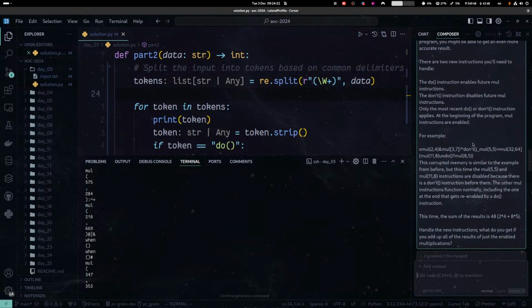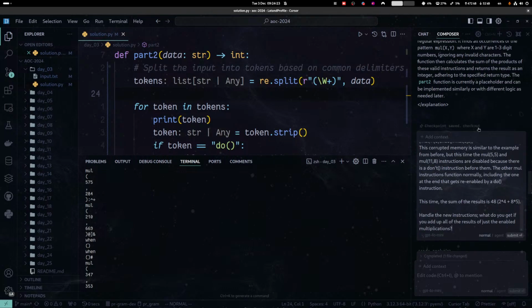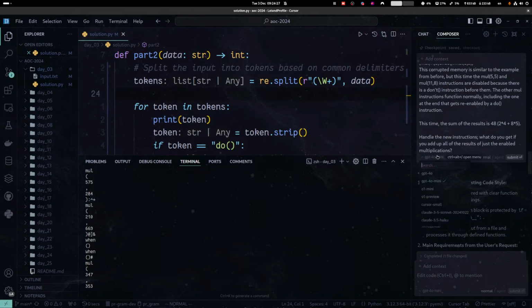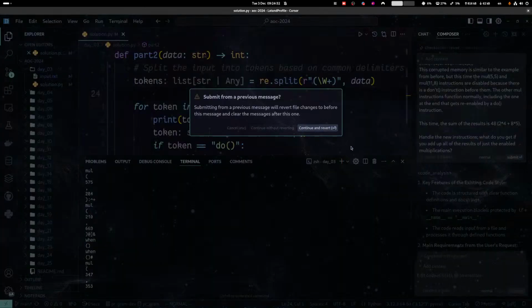Yeah, we'll revert back, and we will try the other model. But currently Claude 3.5 Haiku will have the first solution solved by GPT-4o Mini, because Claude failed to solve it in its turn.